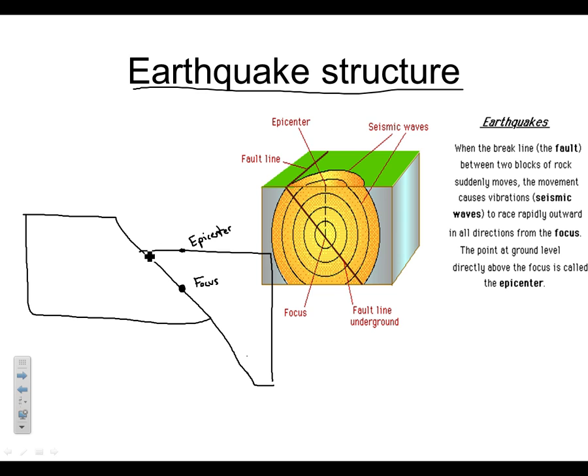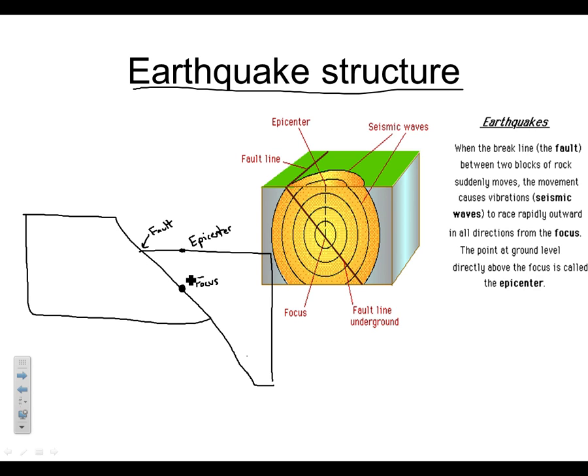The crack on the surface where there's movement, we already talked about that one. So right here, that crack where there's movement, that's the fault. We already talked about what that was. So when we talk about the epicenter, and you say, oh, the epicenter was in, I don't know, Seattle, does that mean the fault, the crack in the surface, was in Seattle? Not necessarily.